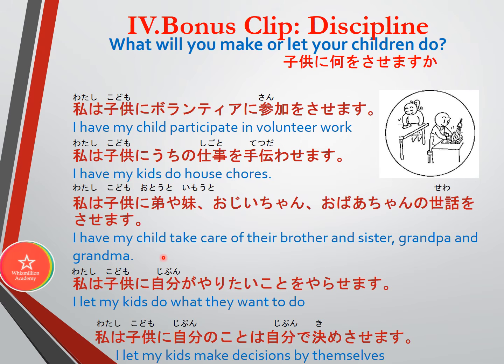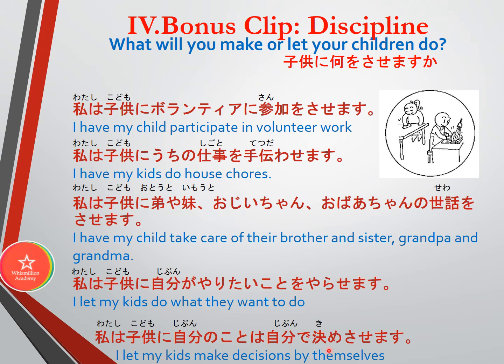I have my child take care of their brother and sister, grandpa and grandma. 私は子供に弟や妹、おじいちゃん、おばあちゃんの世話をさせます。させます once again is a transitive verb, so the particle attached to 子供 is に. I let my kids do what they want to do. 私は子供に自分がやりたいことをやらせます。やらせます is a transitive verb, so the particle is に.